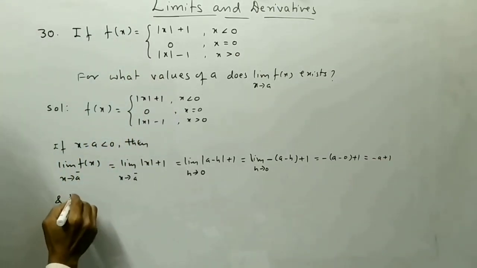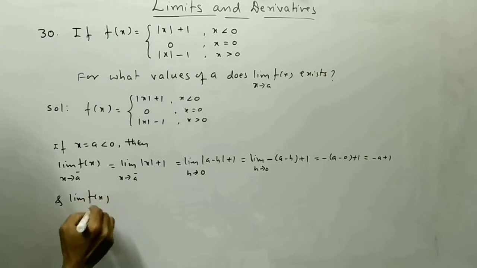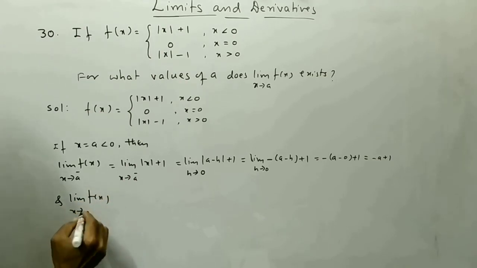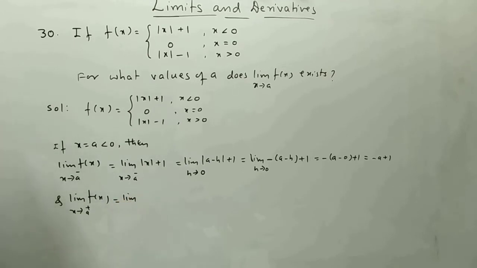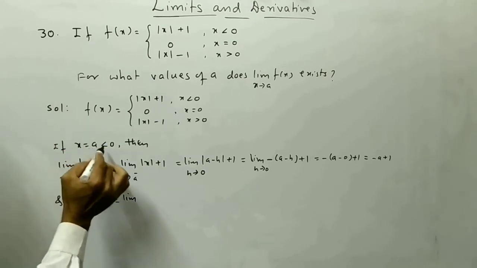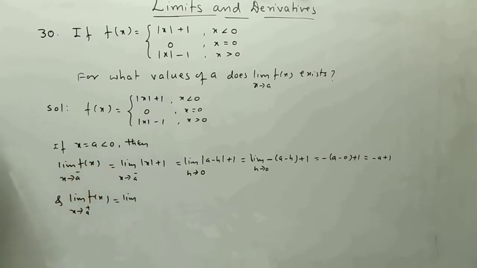And the limit of f of x when x tends to a from the right side is equal to the limit of, again here the value of a is negative only. Let us consider the same one, that is minus 1.